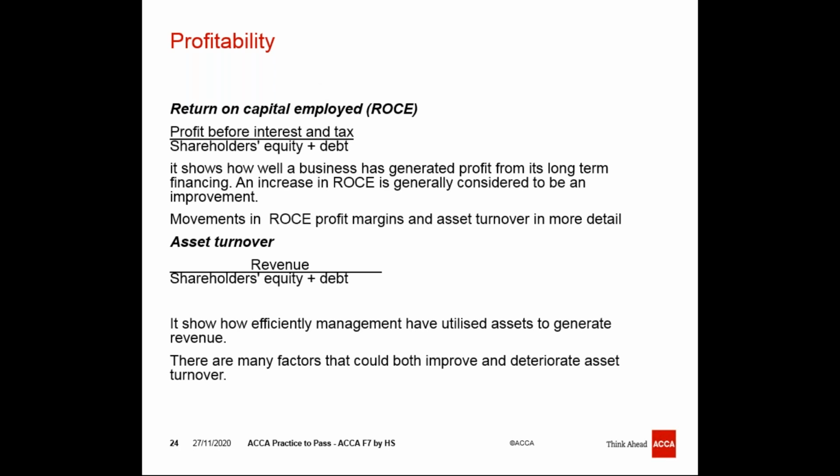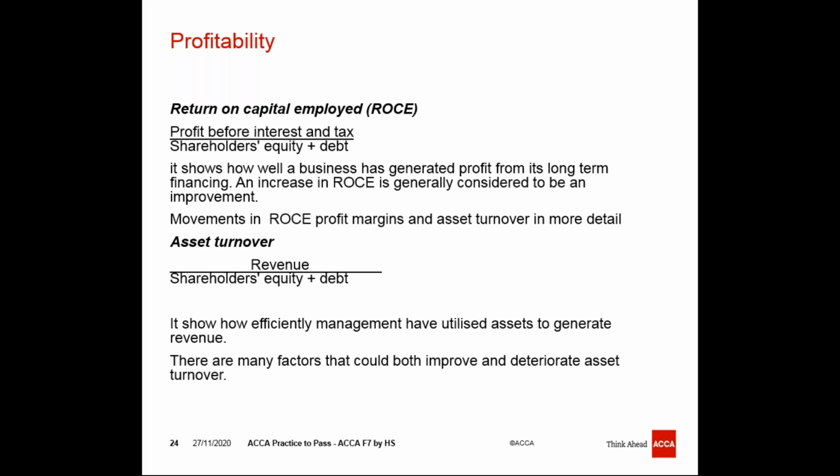Actually, the denominator is the base and the numerator is the thing for which we are measuring the performance. Like the first one is the return on capital employed. Return on capital employed means what return we are generating from the capital that we have employed in the business. So in the denominator, we take the capital employed, which is the shareholders' equity and debt component.